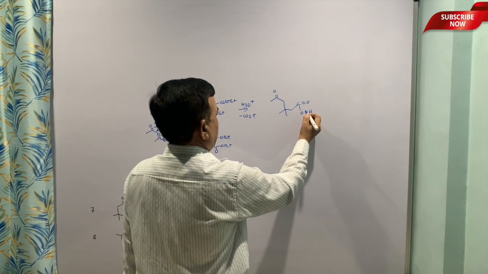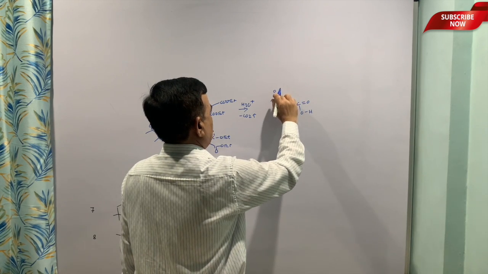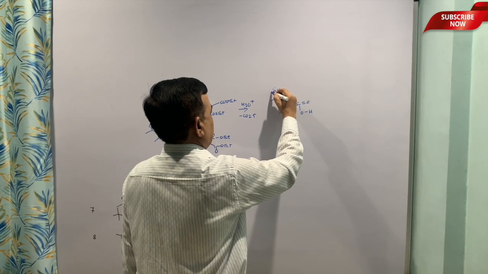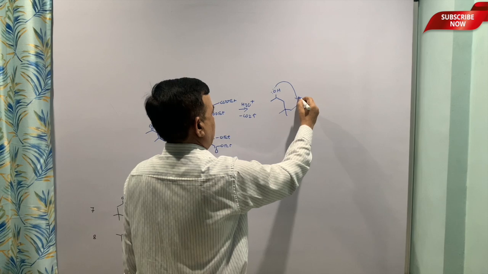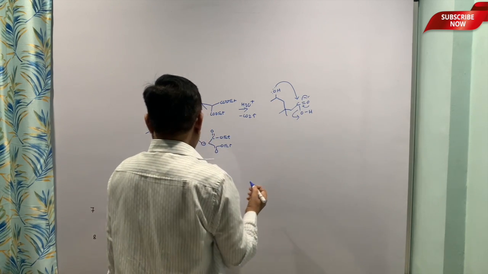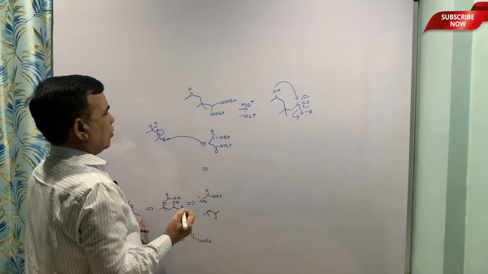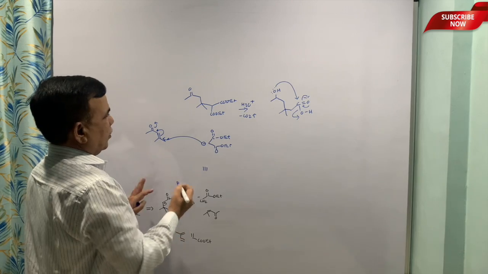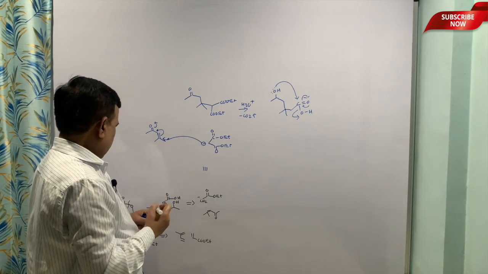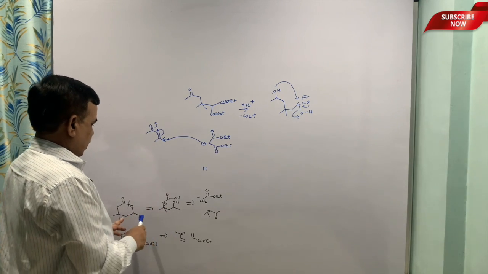Then you have to reduce this to OH, and then add this to, so you can get a similar compound. Okay, yeah, same. I am just putting it the other way around, the same compound. So, a methodology is there.